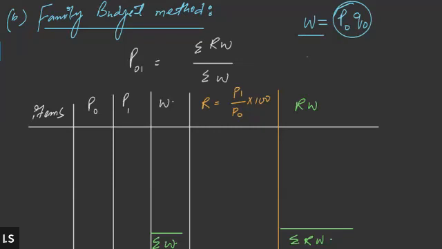One more thing, if quantity is missing but weight is given, weight can be treated as quantity. But if weight is missing and quantity is given, then quantity cannot be treated as weight. You will have to find out weight separately. So for finding out weight, you will apply the formula P0 Q0. Is this clear to you? Yes, sir. So this is how you will be finding weight in this question.